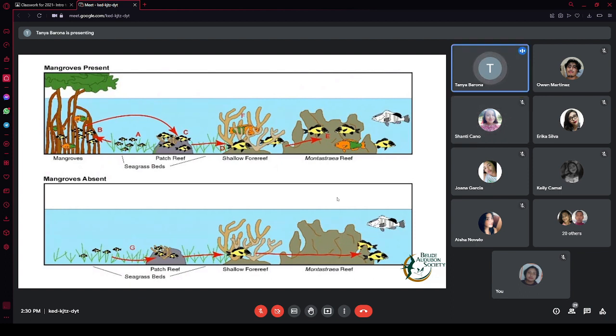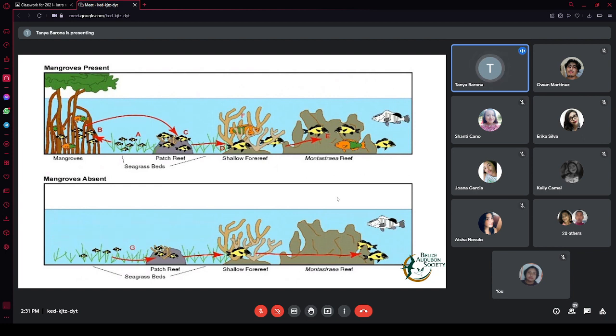All right, so that's basically it. When you have a healthy mangrove system, you have a nursery area for these juvenile fish, and in turn, it influences species richness, like Ms. Tanya mentioned, and also species diversity. You could see different types of species in this picture, versus the mangroves absent at the bottom.